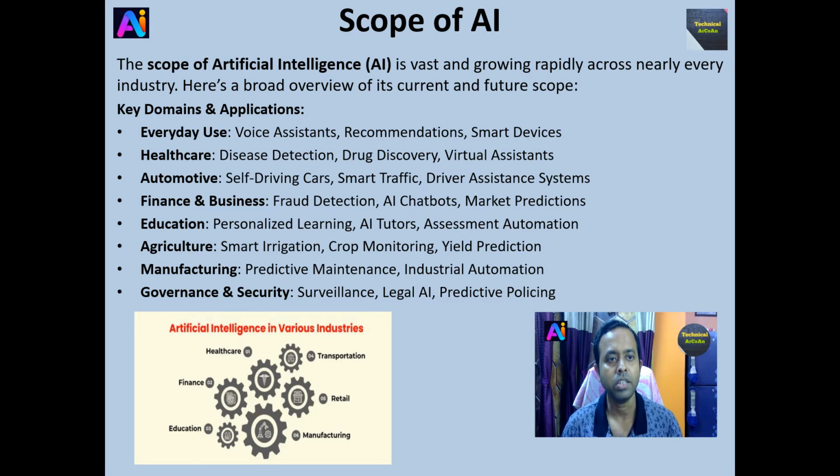So key domains and applications: everyday use like voice assistants, recommendations, smart devices; healthcare for disease detection, drug discovery, virtual assistants; automotive, self-driven cars, smart traffic, driver assistance systems; finance and businesses, fraud detection, AI chatbots, market predictions; education, personalized learning, AI tutors, assessment, automation; agriculture, smart irrigation, crop monitoring and yield prediction, right?